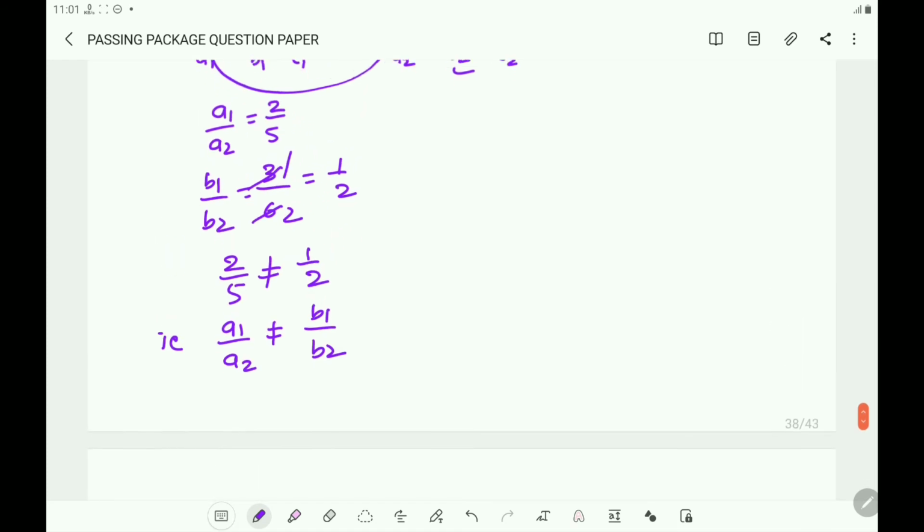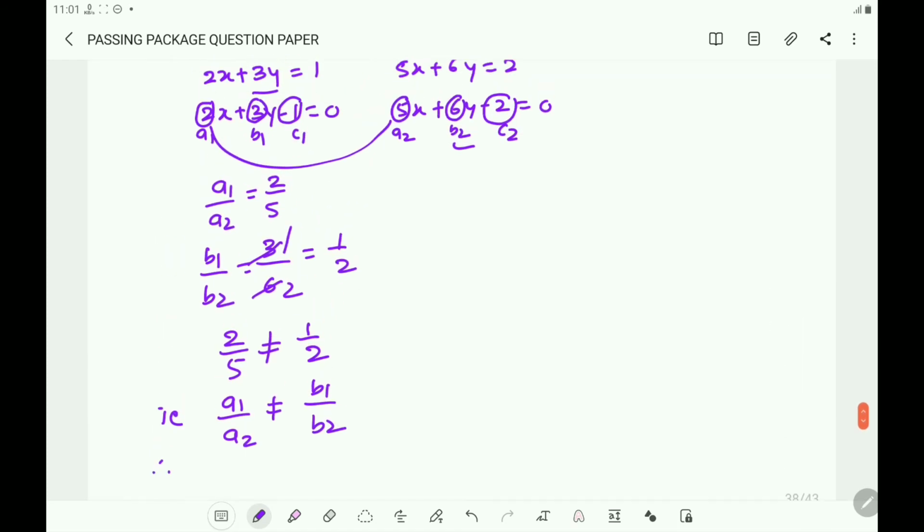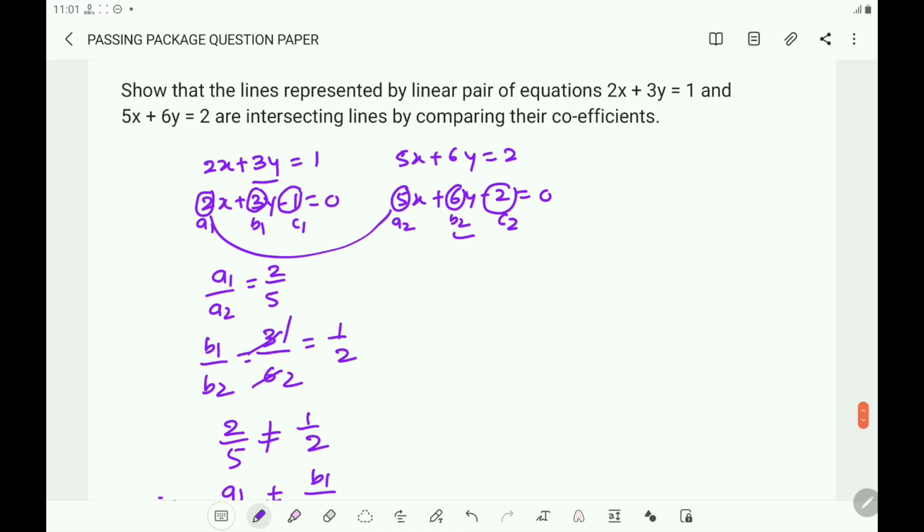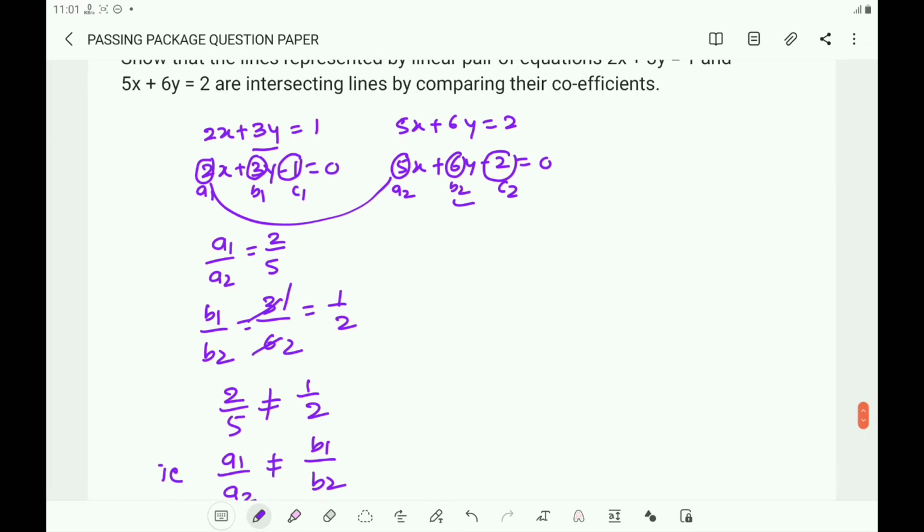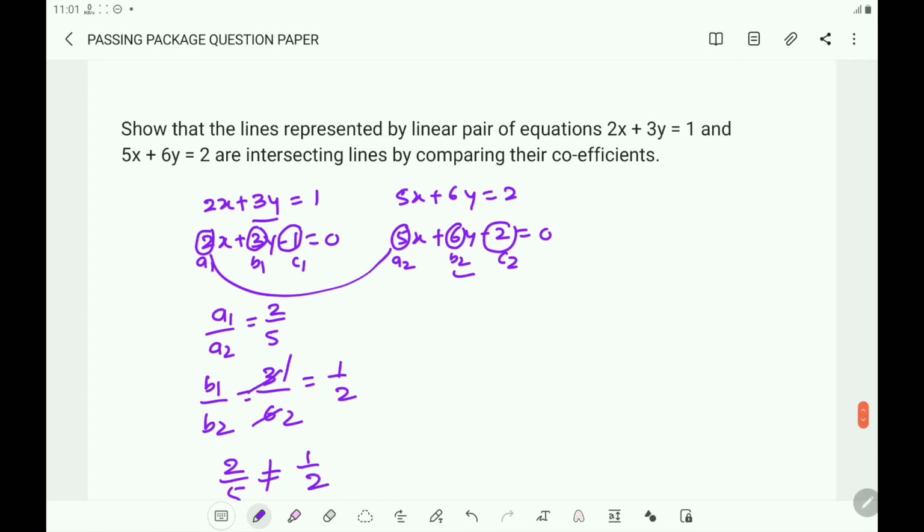Therefore you can conclude that the given pair of linear equations has only one solution, so they are intersecting lines.